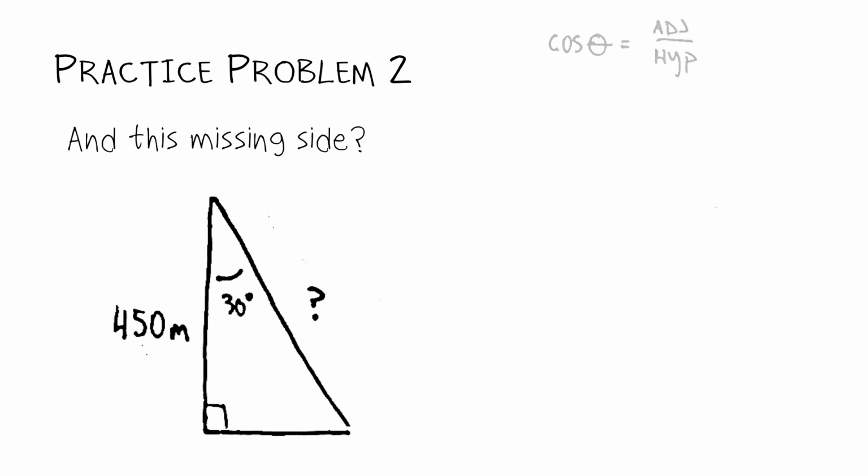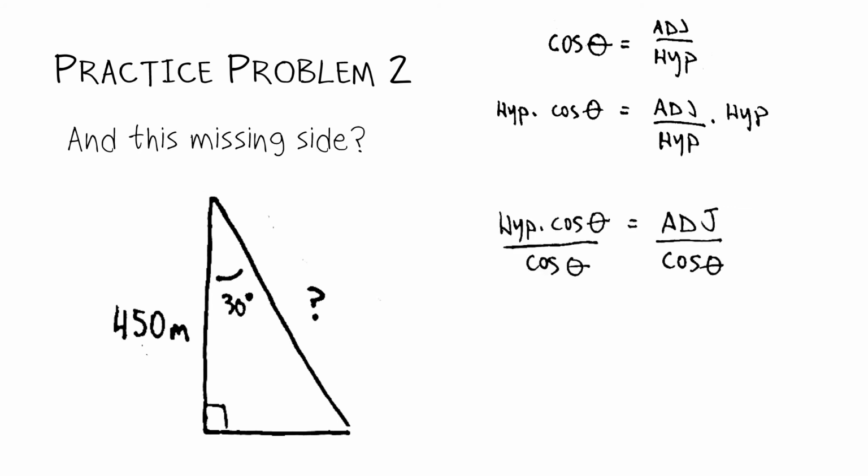And in order to solve for this missing side, we're going to use the cosine of theta equals the fraction of adjacent divided by hypotenuse. So we're interested in getting the hypotenuse by itself. Again, since it's in the basement, let's get it out of the basement first, isolate it, then get rid of the trigonometric identity.